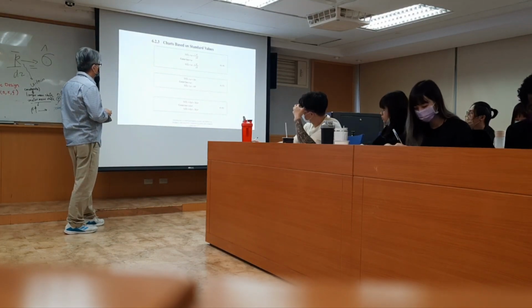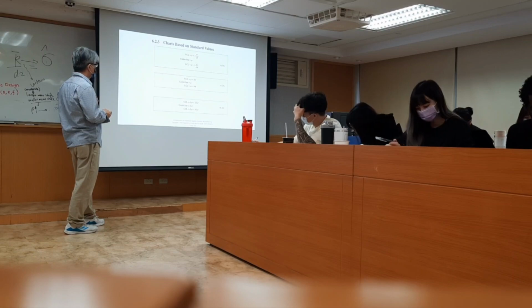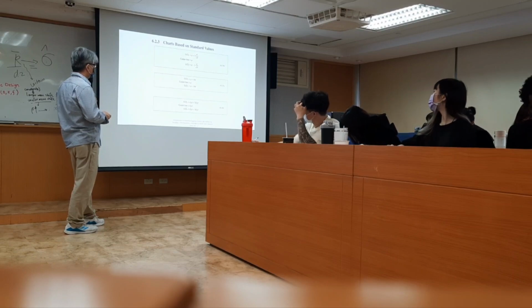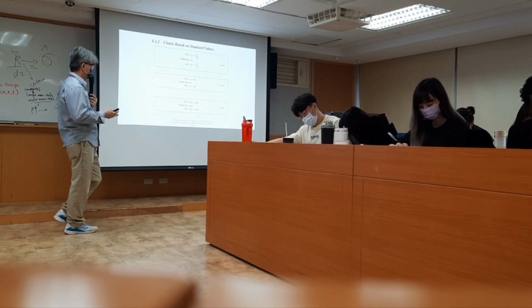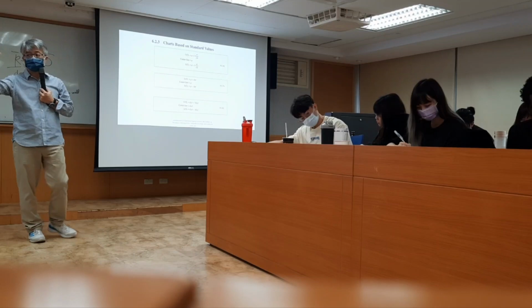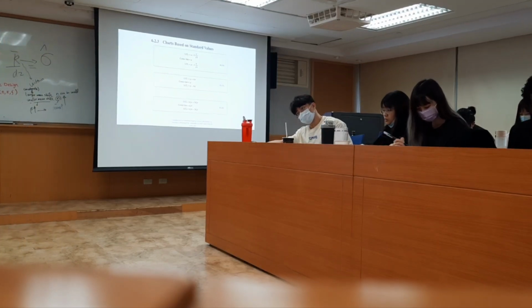So based upon the standard value, the center line is mu, UCL is mu plus A sigma, where A equals 3 divided by square root of n, and the LCL is mu minus A sigma. That's also attached on the back of the table, A. Look at that.